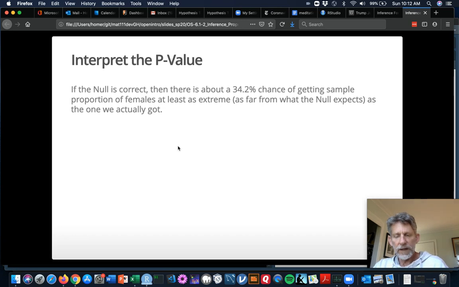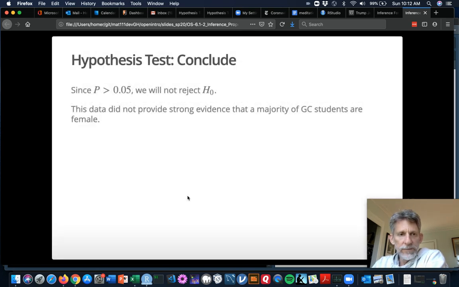I mean, if you think about it, the null is expecting about half of the 71 people, that's 35 and a half, to be female. We got 40. That's more than what the null expects. This p-value is saying, well, what's the chance of getting at least that far away if the null is right? And it's not a very small chance.